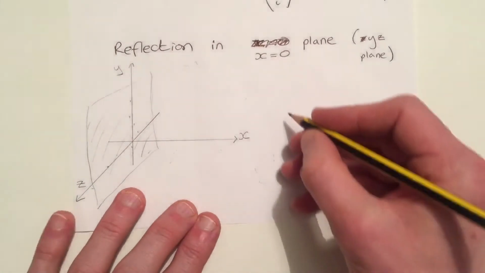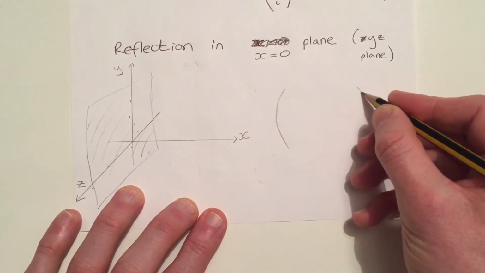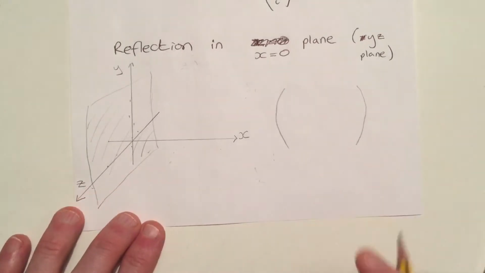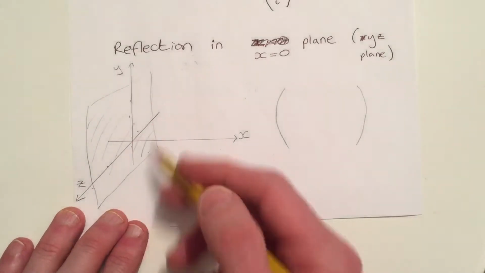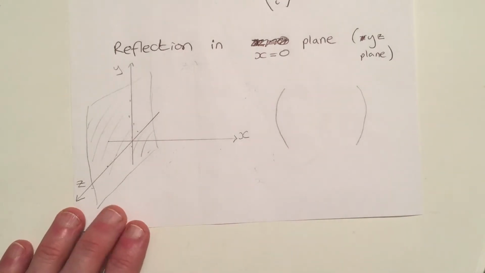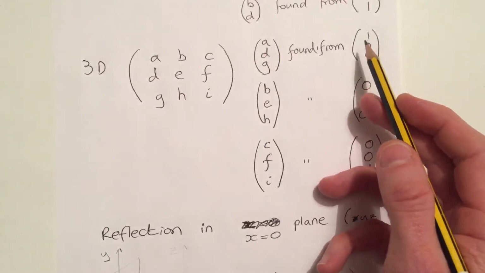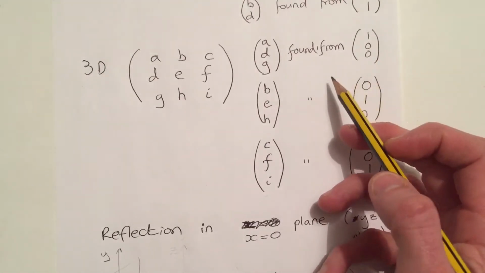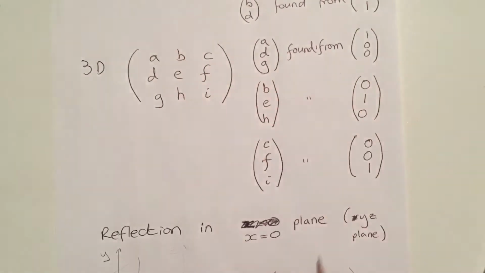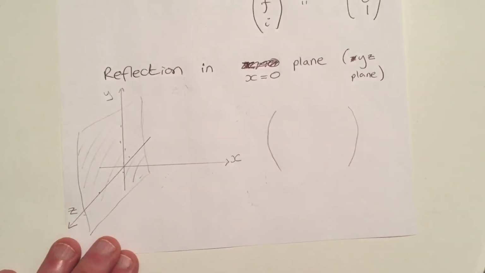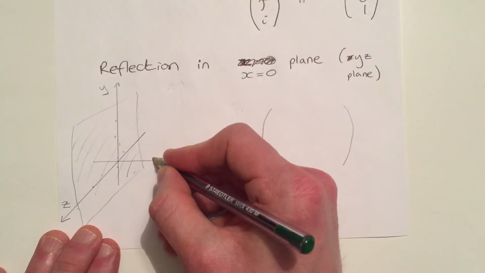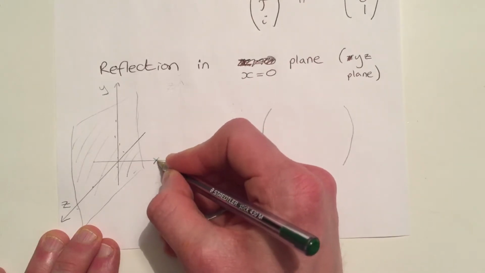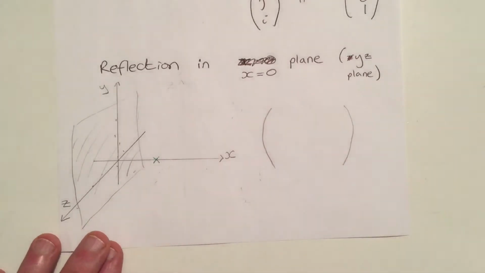So let's think about how we can find the 3 by 3 matrix that represents a reflection in this plane. So let's think about what would happen to the coordinate (1, 0, 0), because that's going to tell me these values here. So the x coordinate is 1, and the y coordinate is 0, and the z coordinate is 0.